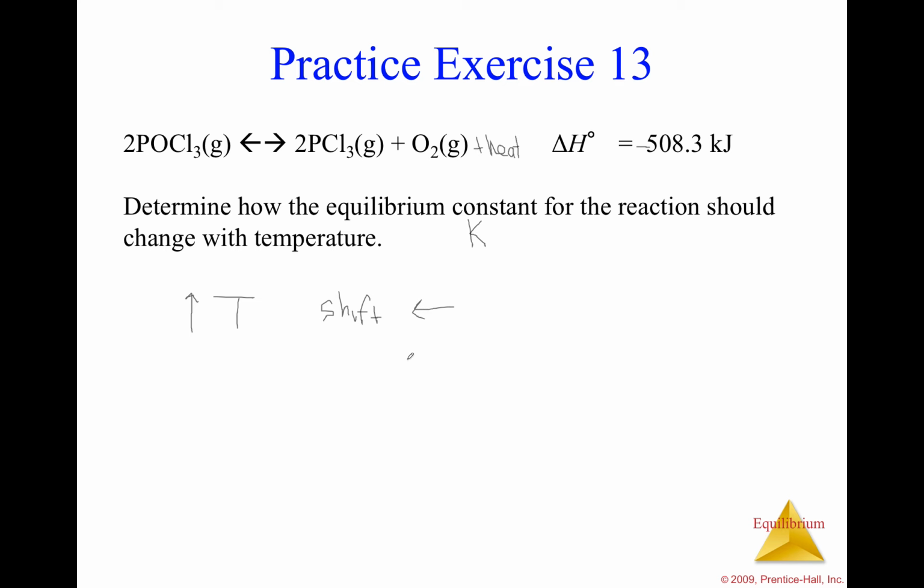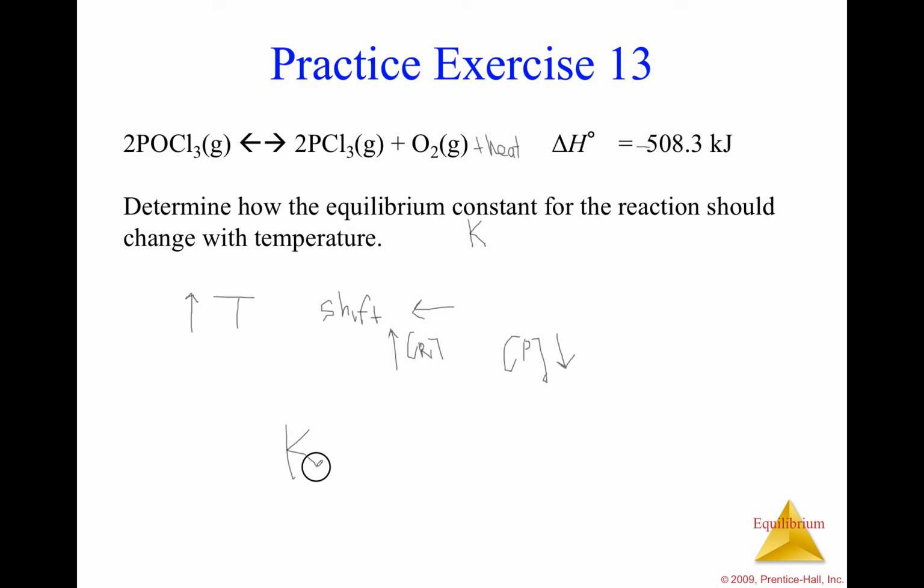If I shift left, I make more of my reactants, and my products go down. I apologize for my terrible writing with this mouse. So if I'm shifting left because it's exothermic, I add heat, it shifts to the left, makes more reactants, uses up products.